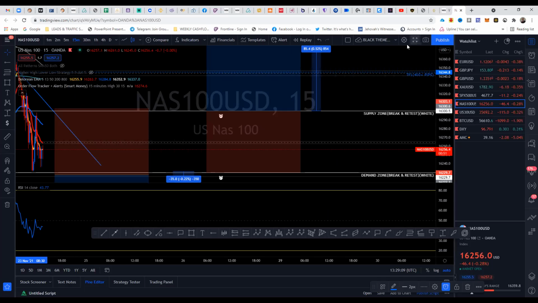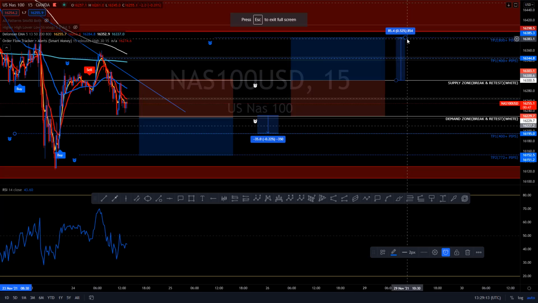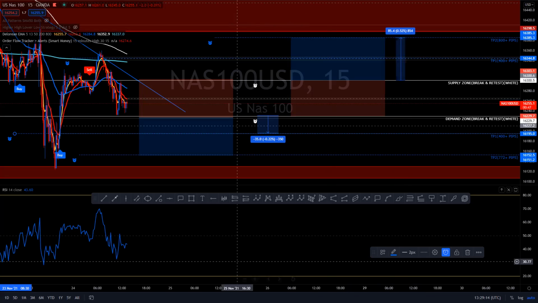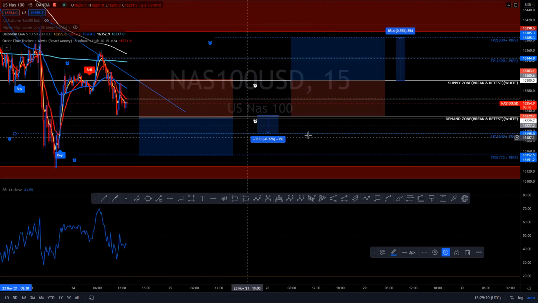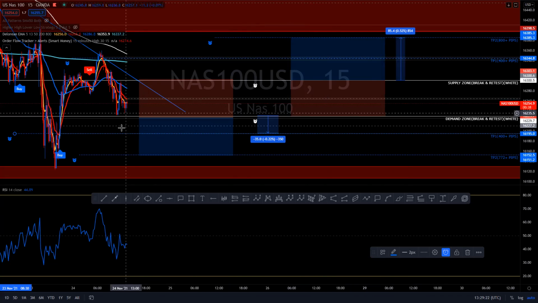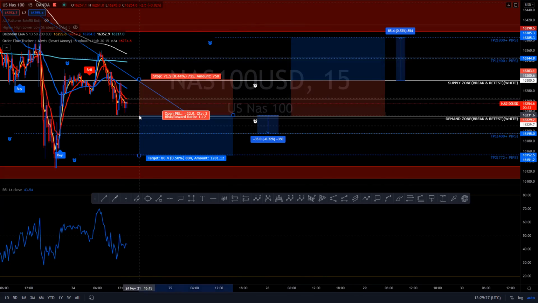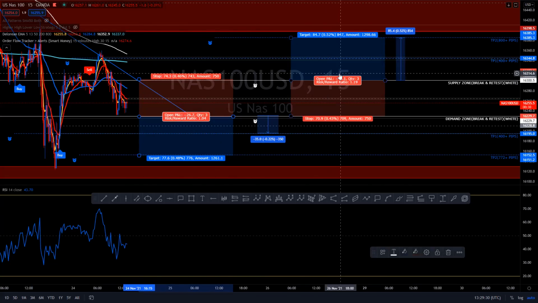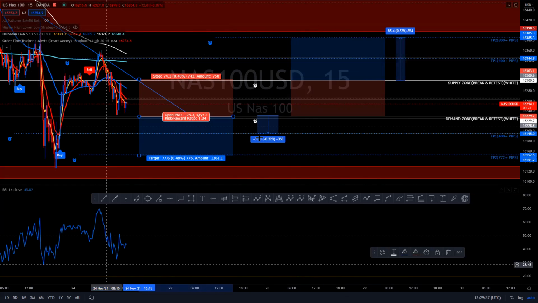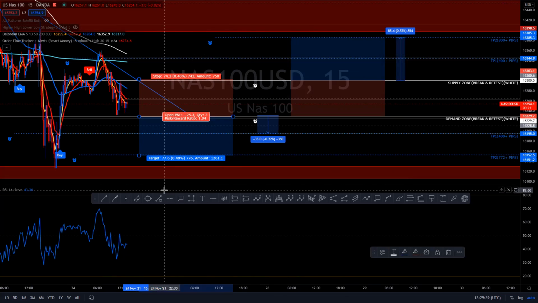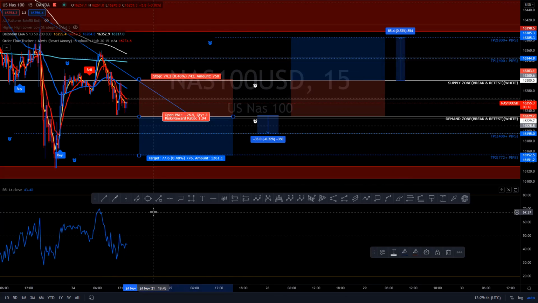So yeah, all we can do is wait for the 9:30 bell and see which way price decides to go. Once I get closer to the 9:30 bell and I get a clear indication that price is probably going to go a certain direction, then I'll click one of these risk to reward tools and paste in my stop loss and take profit, then wait till price moves that direction, then hit buy or sell.